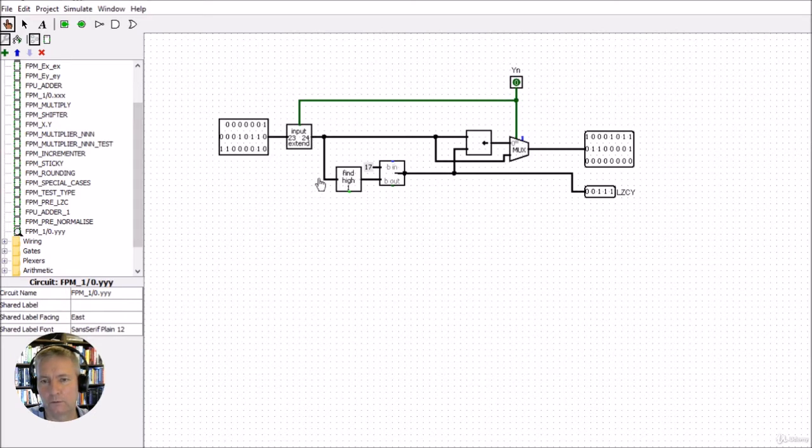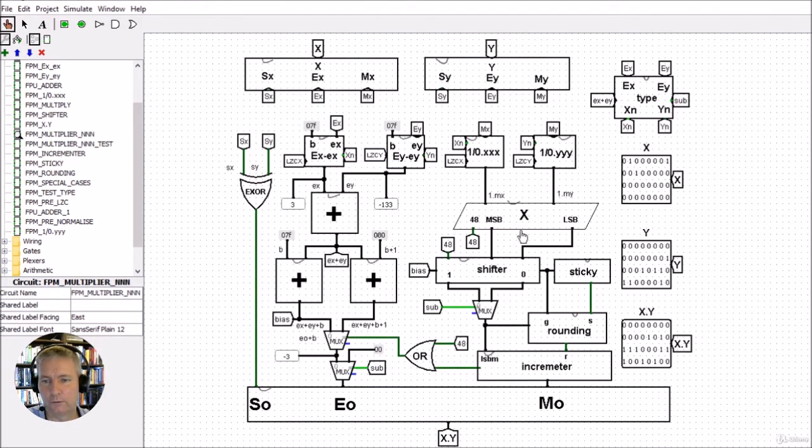We're going to work out the leading 0 count, so we get the leading 0 count coming out here, and then we're going to do the pre-normalization. So we're going to change the subnormal number into a normal number, and we're going to shift it out through here. So you can see that this one here has now been shifted up to the most significant bit up here, and all the rest of the ones have all shuffled up as well. So we've got the correct value here.